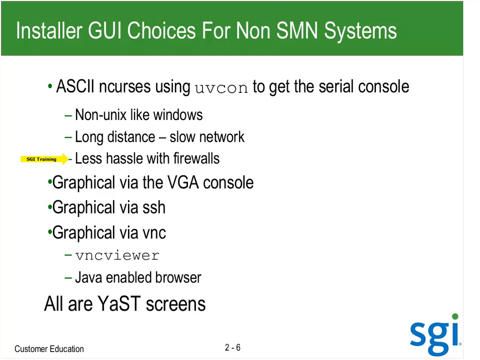Now, you could be installing graphical through the VGA console. That could introduce problems because the serial console will not be configured. If you do that, you're going to need to put into the elilo.conf a console equals ttyS0, and then the baud rate or something.